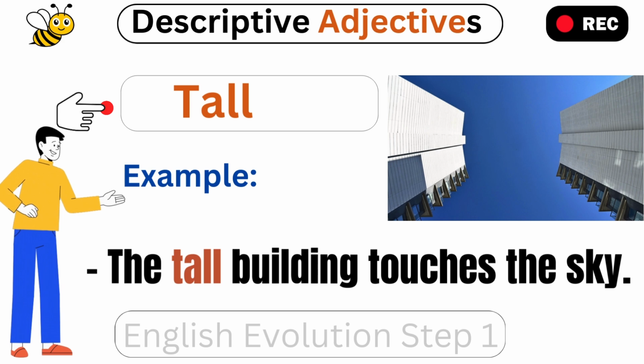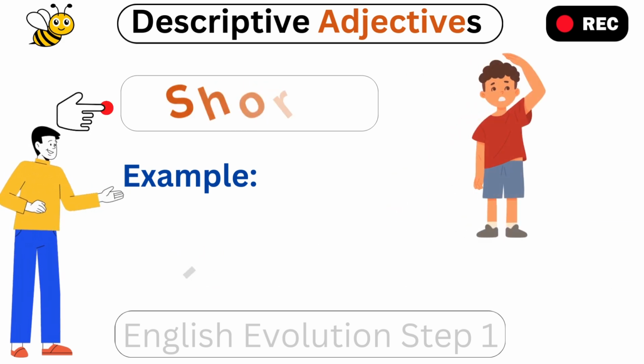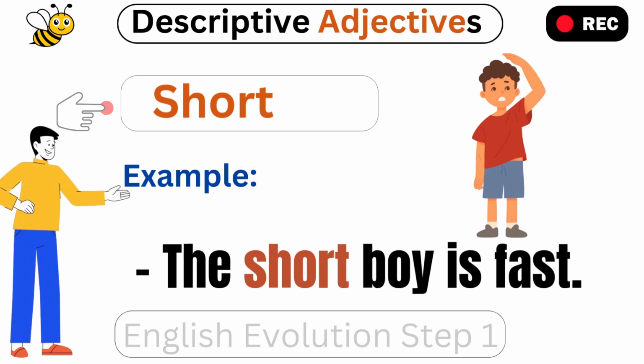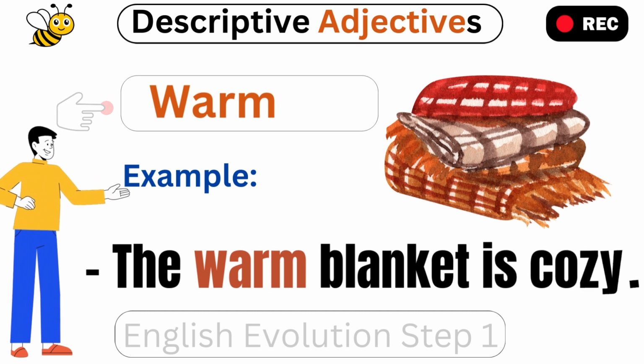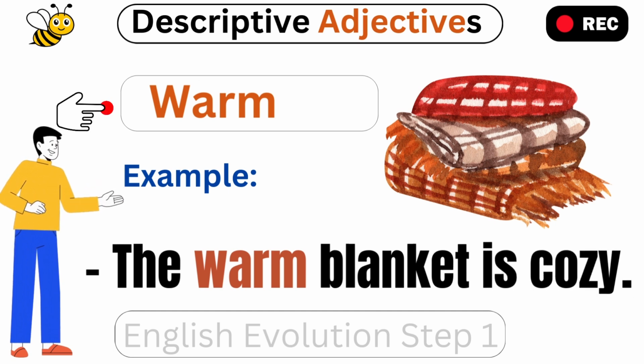The tall building touches the sky. Short. The short boy is fast. Warm. The warm blanket is cozy.